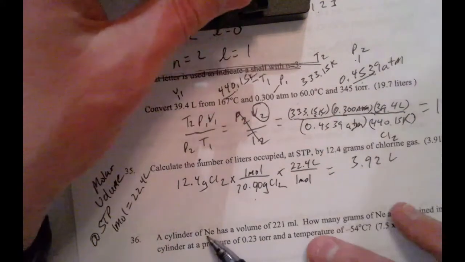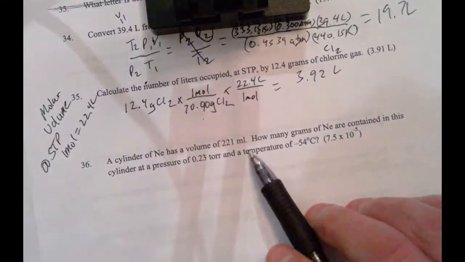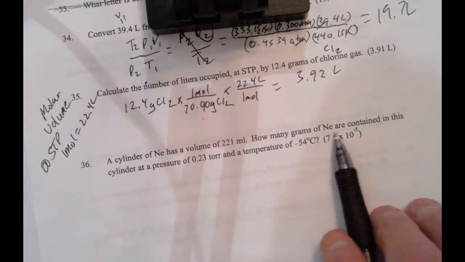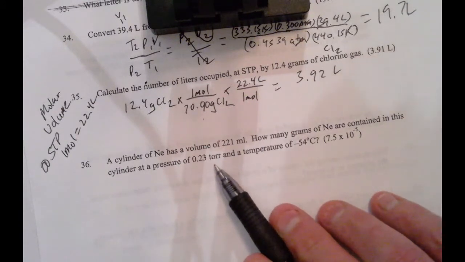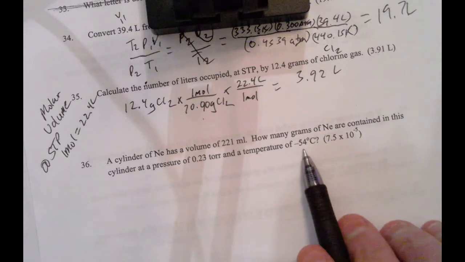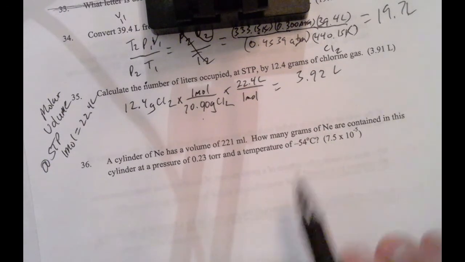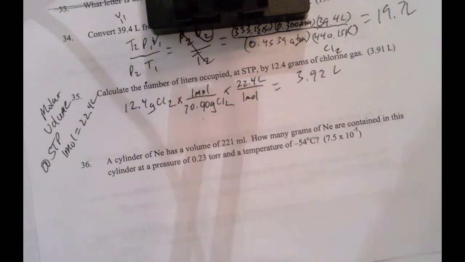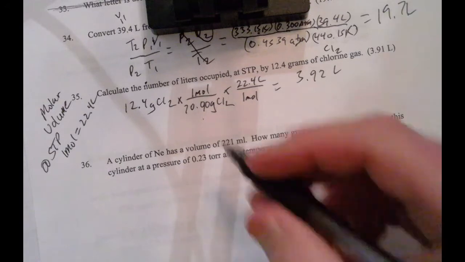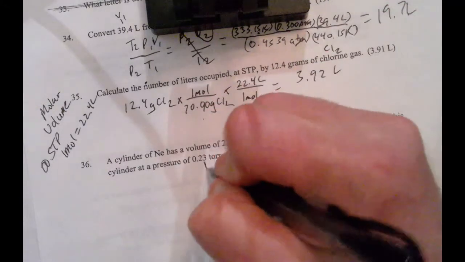A cylinder of neon has a volume of 221 milliliters. How many grams of neon are contained in this cylinder at a pressure of 0.23 torr and a temperature of negative 54 degrees Celsius? So this is PV equals nRT. 0.23 divided by 760.